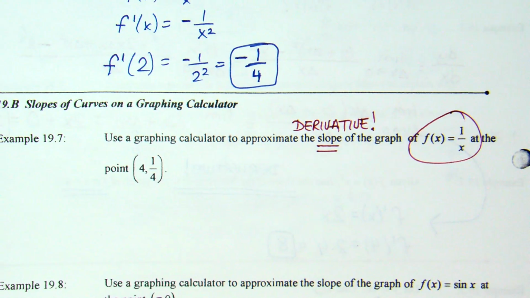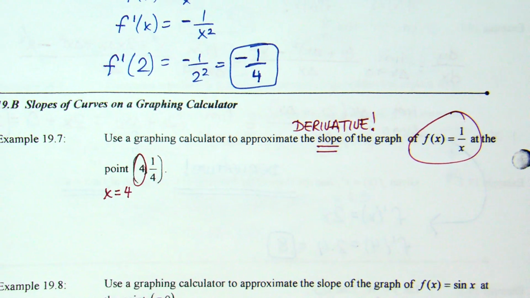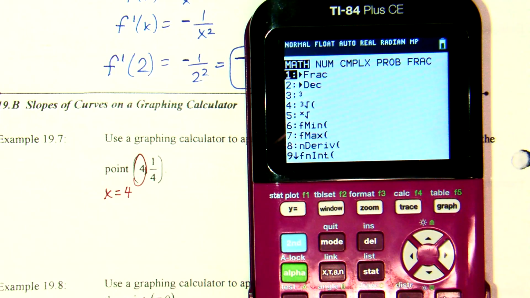Okay, guys, how does the calculator help me out here? If you would please, math menu. Number 8 says what? nDeriv.